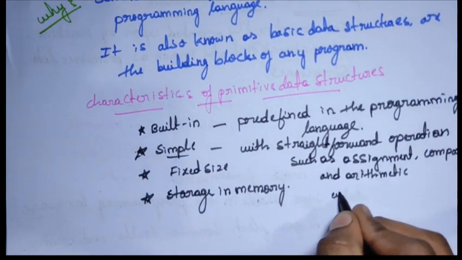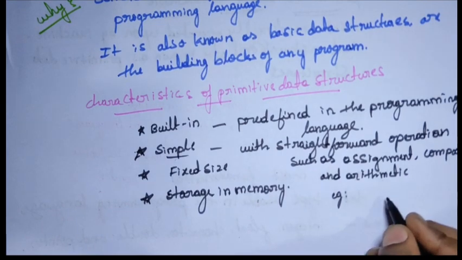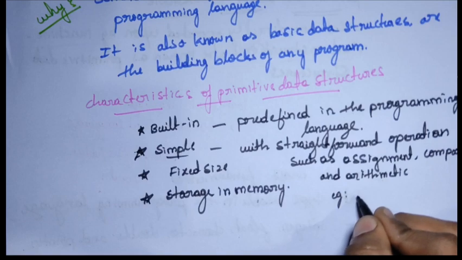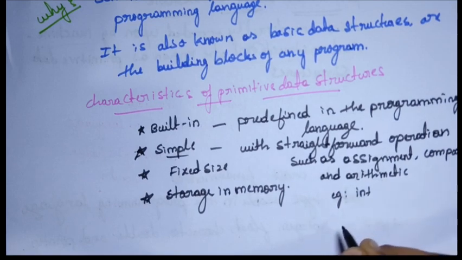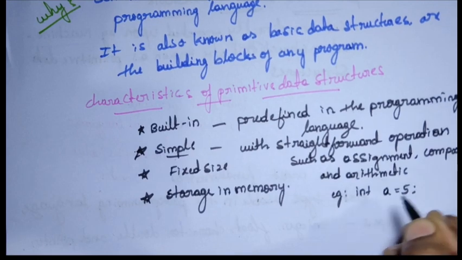So take an example. Here I assign the value 5 to the variable a, which is of int data type. Next I mention the variable, assign the value, and put a semicolon.